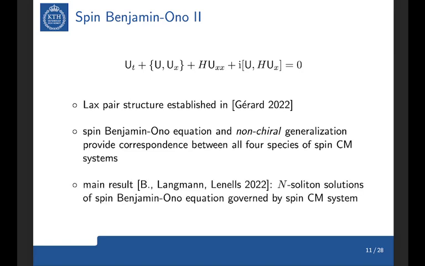But our main result here, I'll start with the spin-Benjamin-Ono equation, is a precise relation in the form of n soliton solutions from the spin-Benjamin-Ono equation to the spin-CM system.